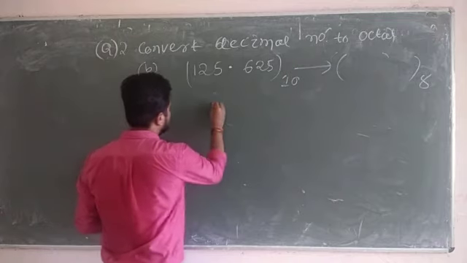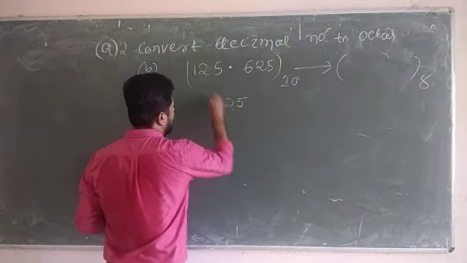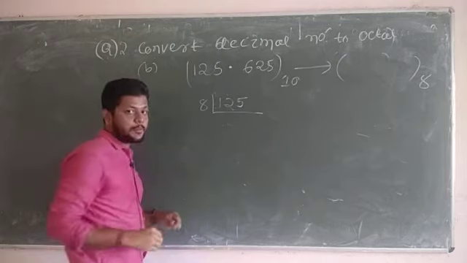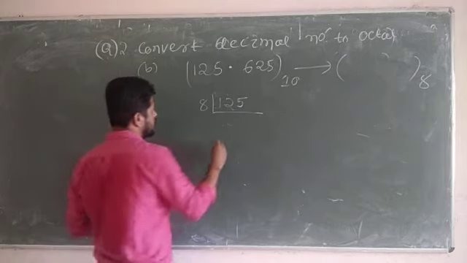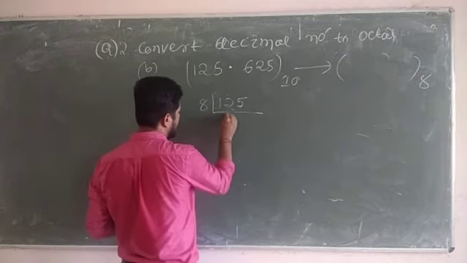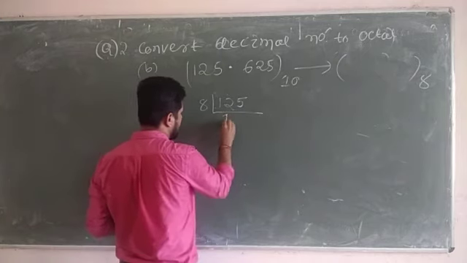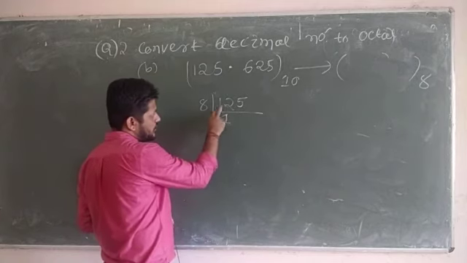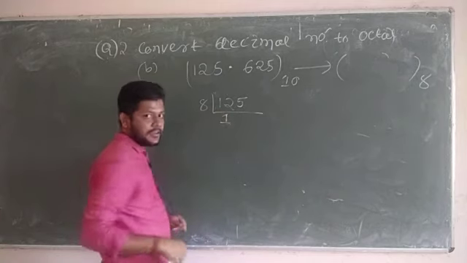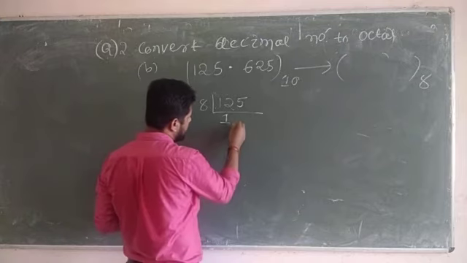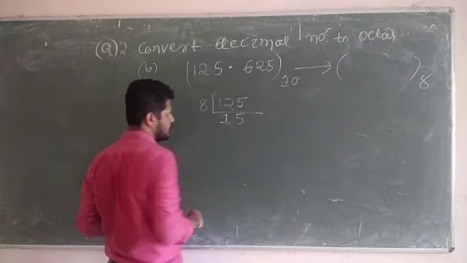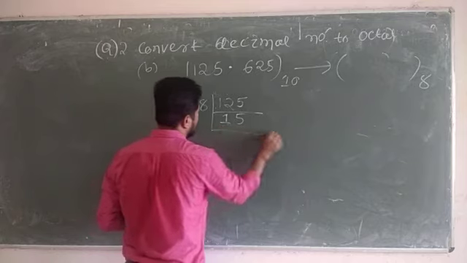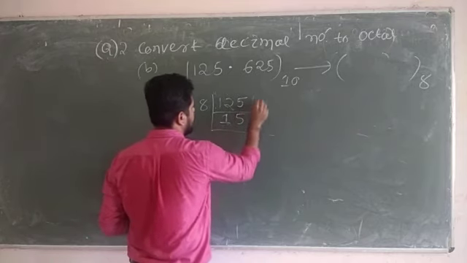So how to convert this? 125, divide this number by 8. So 8 into 1 means 8. 12 minus 8 is 4, then 45. 45 means 8 into 5, that is 40, so the remainder will be 5.